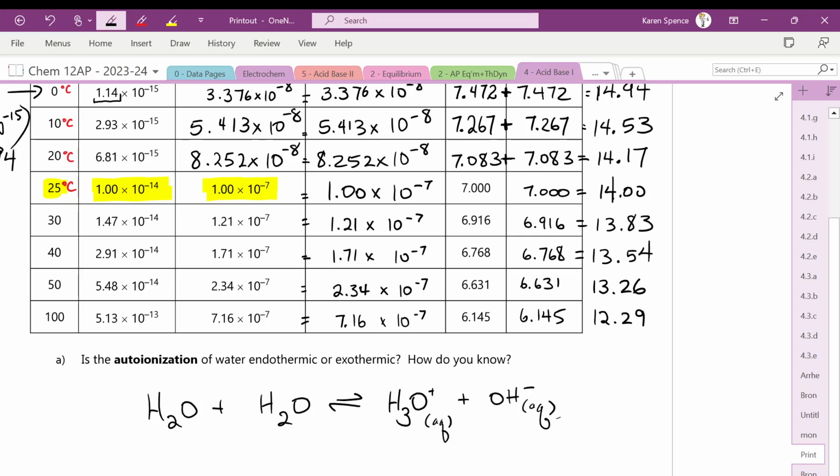Making a product. So now what we're going to say is, here on our product, does the concentration actually increase?